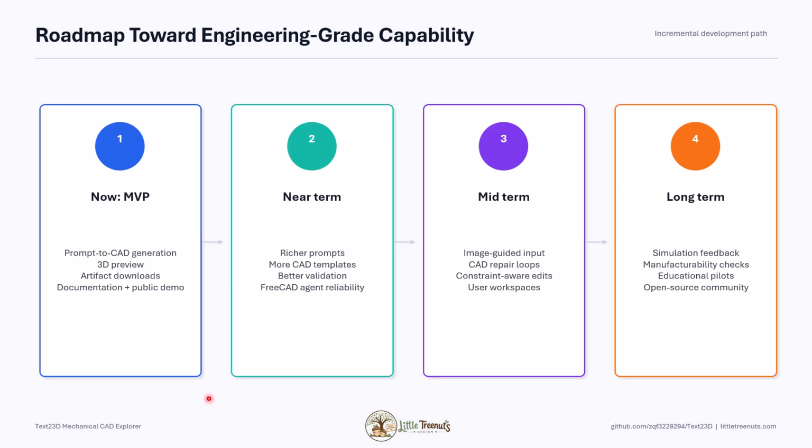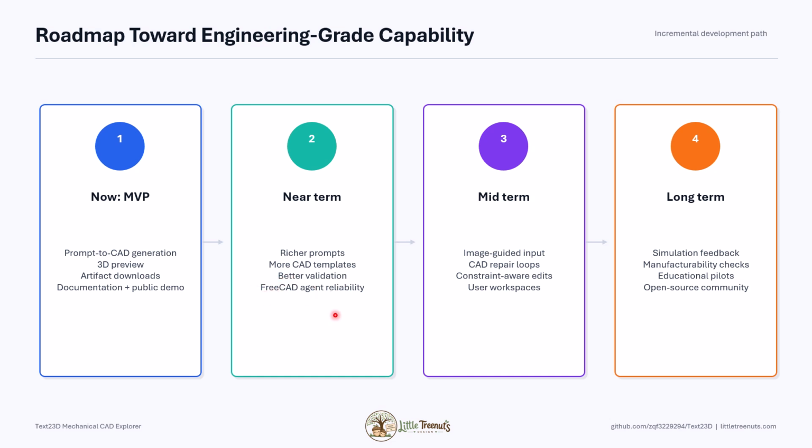Roadmap towards engineering-grade capability. First, now we have the MVP: prompt to CAD generation, the 3D preview, artifacts download, and documentation plus the public demo. In the near term, we will have richer prompts, more CAD templates, better validation, and FreeCAD agent reliability.